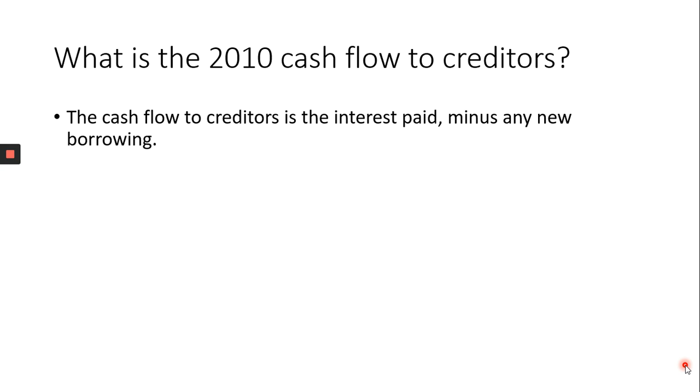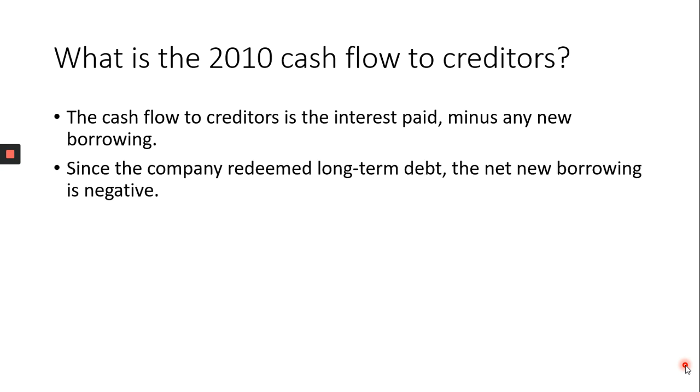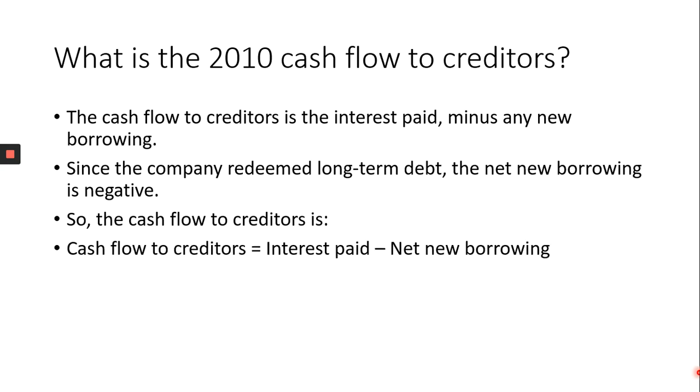As the company redeemed long-term debt, because they paid off their long-term debt, the net new borrowing will be negative. So the cash flow to the creditor is equal to the interest paid minus the net new borrowing.